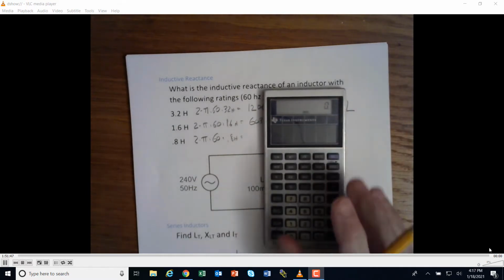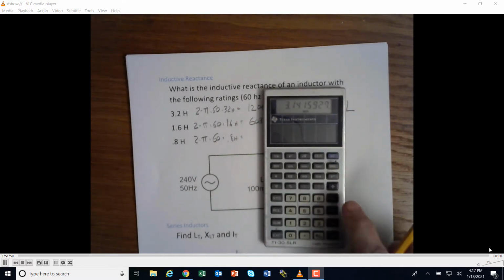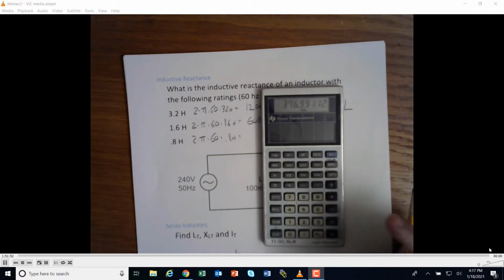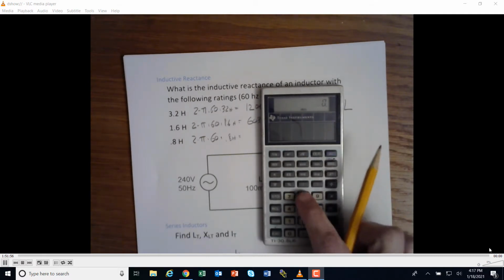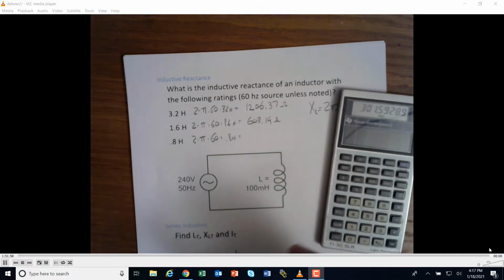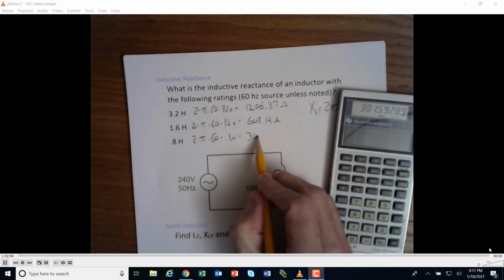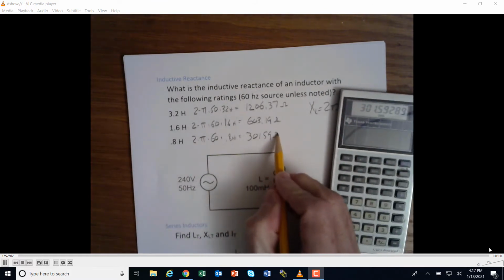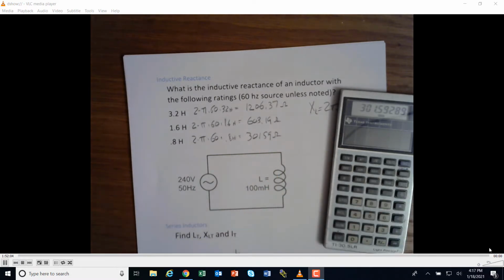And this one, 2 times pi times 60, remember that's 377, but times 0.8 is 301.59 ohms, okay?